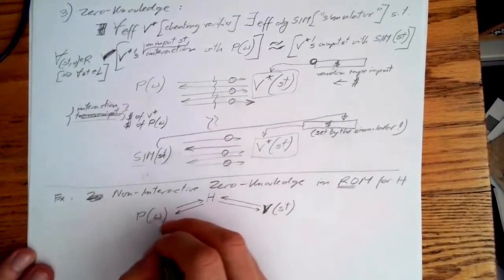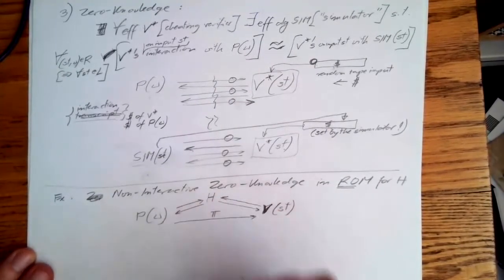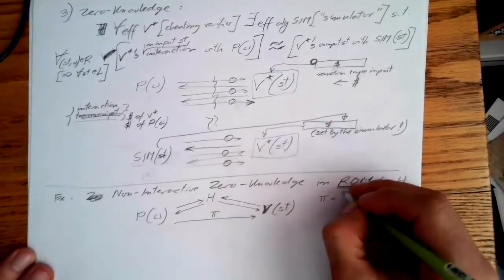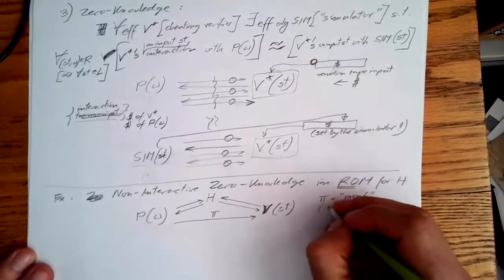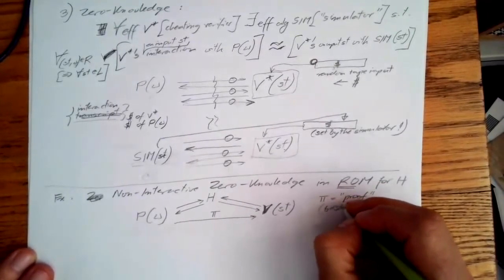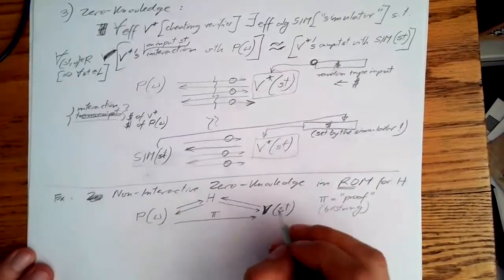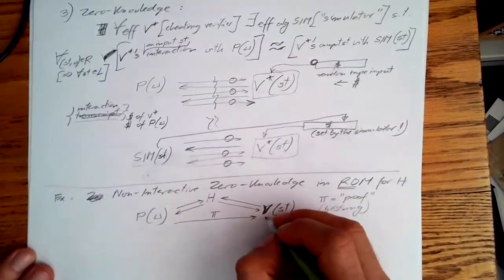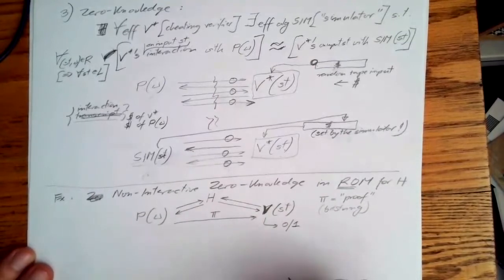Based on this interaction and the witness, the prover is going to send just a single bit string called a proof. So P is going to be called proof, but it's a bit string. Based on the proof and the statement and interaction with the hash oracle, the verifier is going to accept or reject.